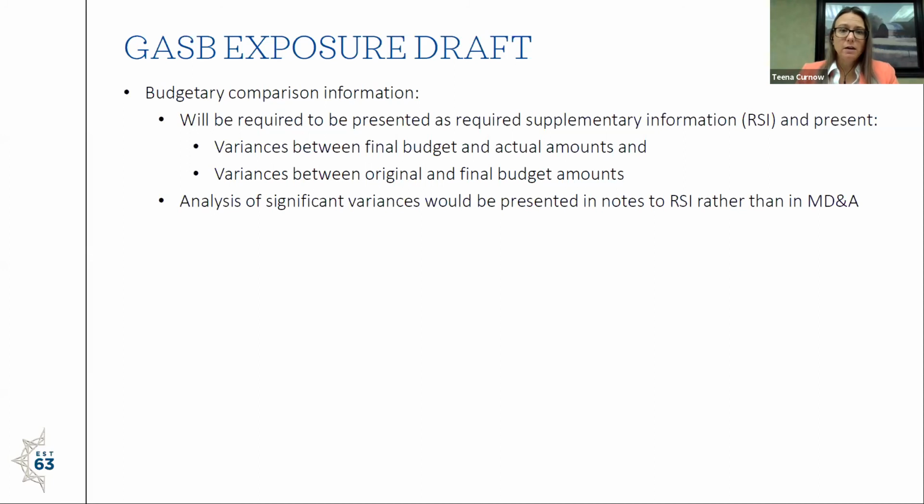An analysis of significant variances would be presented in notes to the RSI or required supplementary information rather than in the MD&A. So currently, variance explanations regarding the budget are normally presented in the management discussion and analysis. This will no longer be included in that part of the document.